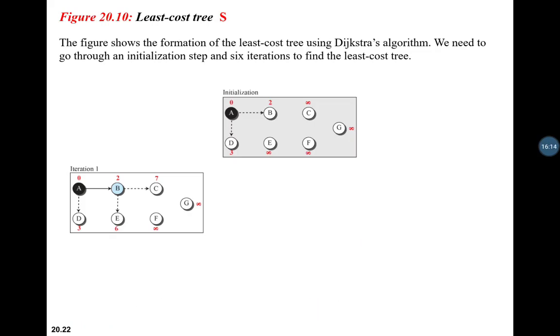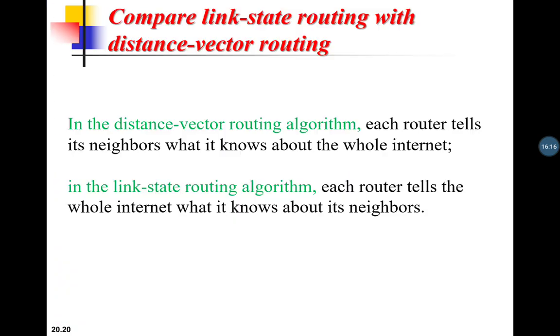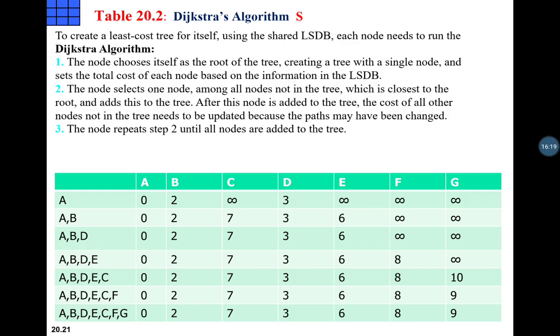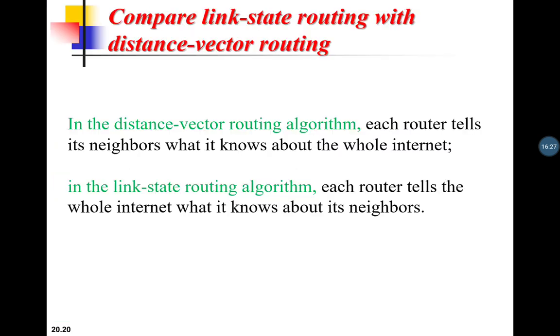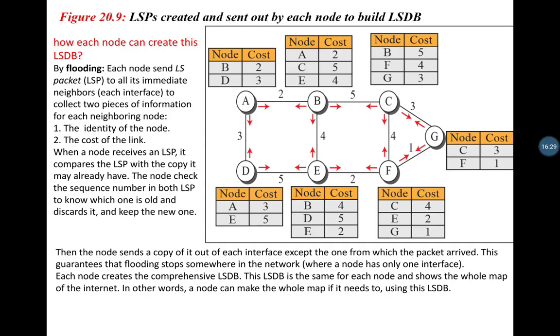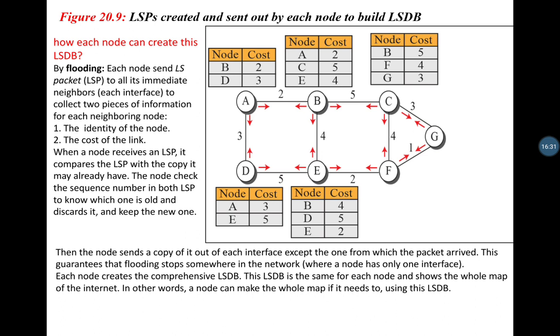So here we can see that in the Dijkstra algorithm, to create the least cost tree for itself, using the shared link state database, each node runs this Dijkstra algorithm. And the link state routing that we have seen uses flooding.